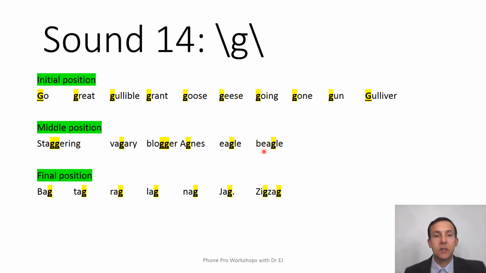In final position, you must pronounce the sound. Many students make a mistake and instead of saying bag, they say back, and that is incorrect. So let's repeat the g sound in initial, middle, and in final position.